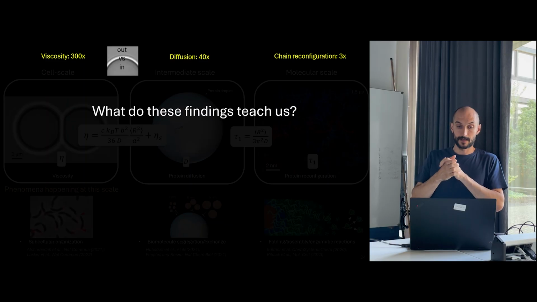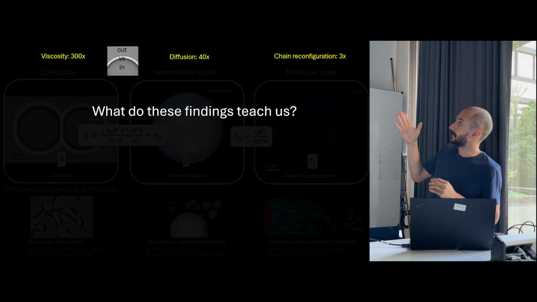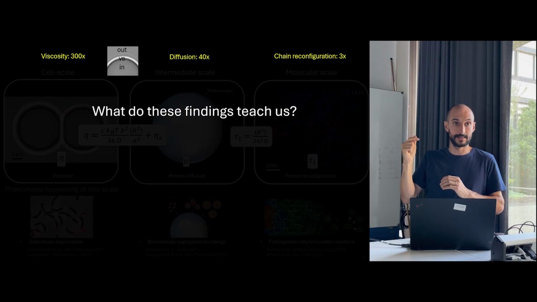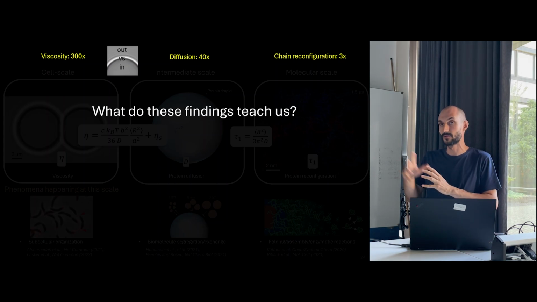So the models that I showed you actually highlight the fact that the problem is not what happens in the dense phase. In the dense phase, things are pretty much described by the Rouse model with entanglement.